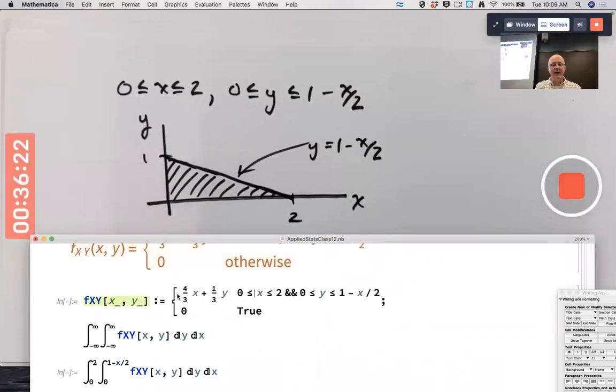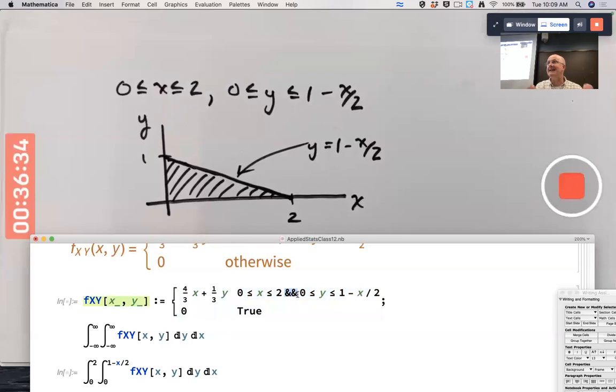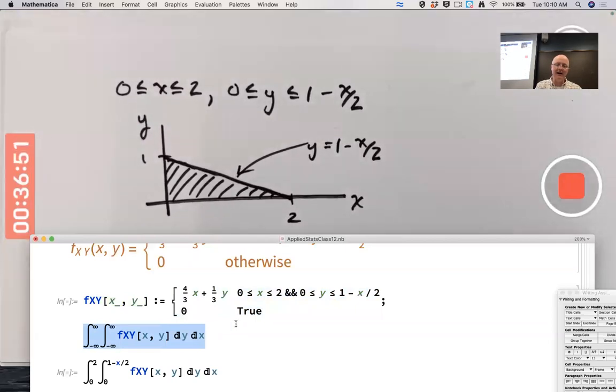Again, I did put it into Mathematica as a piecewise function just to see if it would work. The double ampersand here is to say I want both of these conditions to be true. Effectively, this is like an and. You put True here for the otherwise. That's just Mathematica's convention. And here I wanted to confirm that the double integral of this entire thing over the entire plane does integrate to 1.